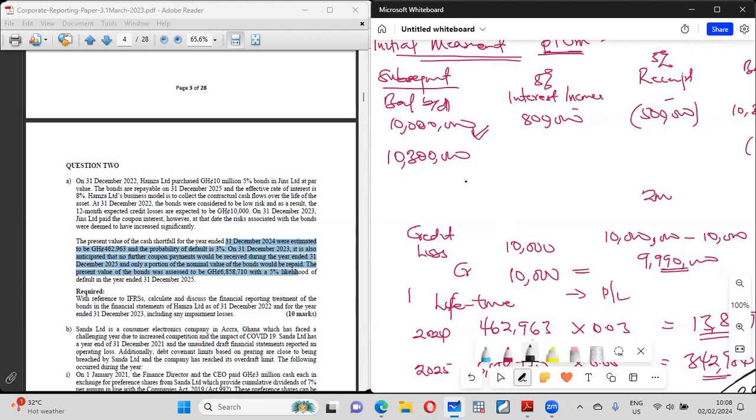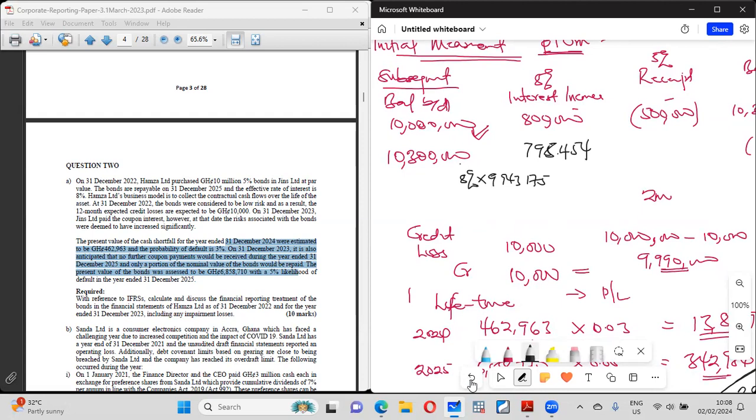I'm multiplying 8% by the 10,000 minus the total we have downstairs, which is 9,943,175. So what will be the 8% on that? 8% gives me 79,554.